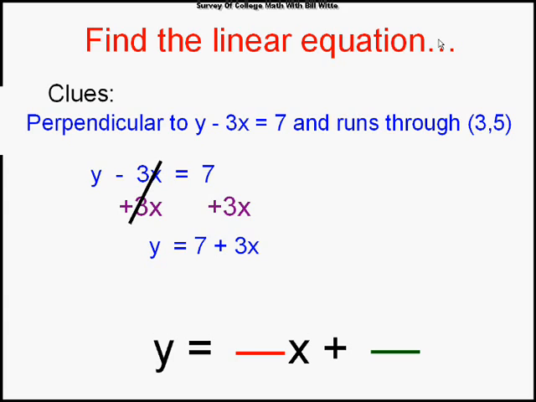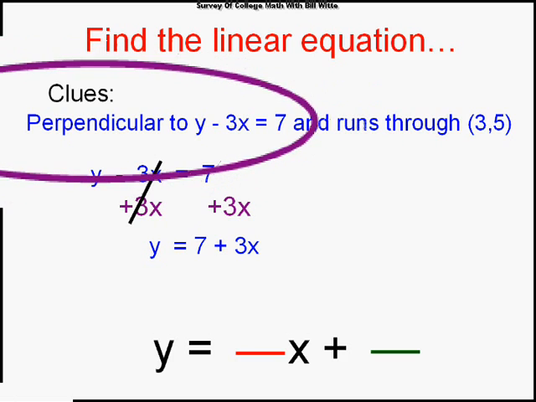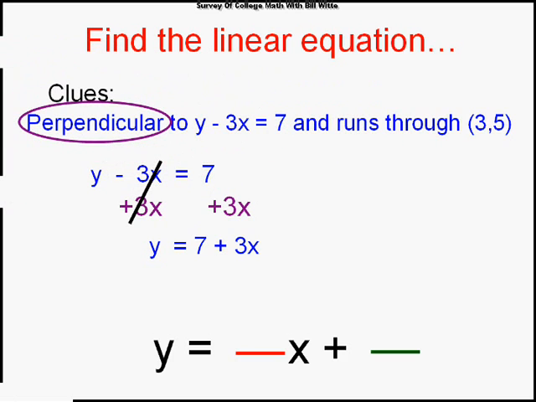Now, if the line that I want is perpendicular to that line, the original line has a slope of 3 over 1. So the line perpendicular to that would have a negative reciprocal. So its slope is going to have to be negative 1 over 3.